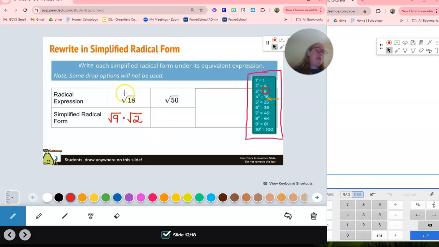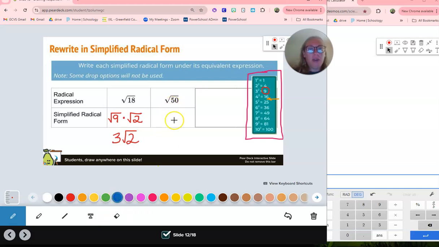So we can split this up as the square root of 9 times the square root of 2. The square root of 9 is just 3. So this simplified answer is 3 square roots of 2. There's no more simplifying we can do with that root 2, so we leave it as is.